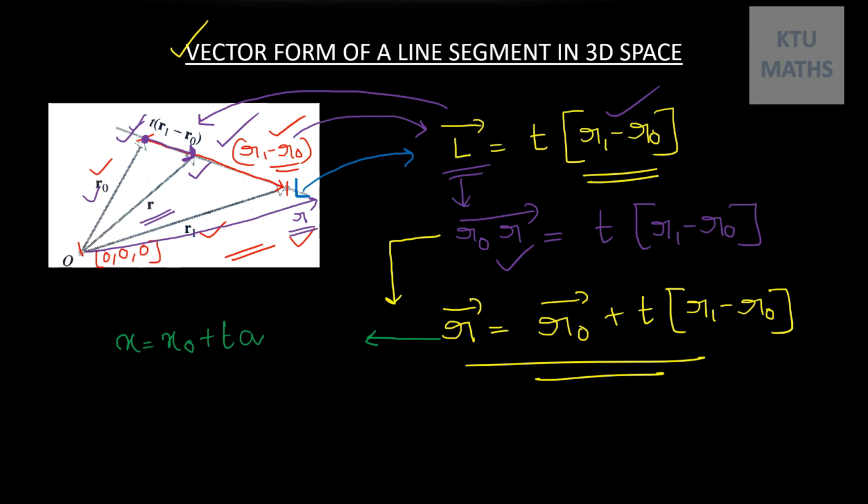In the previous section, we know that the vector was vector v and we have taken a as a point from there. This was from r0 vector and this was an unknown point. And we have successfully adapted this portion into what we need here. And this is the vector form of the line segment in 3D space. I hope you understood this portion.